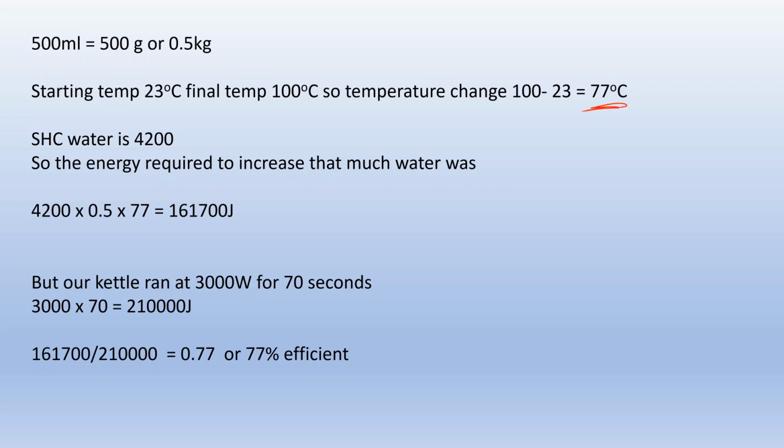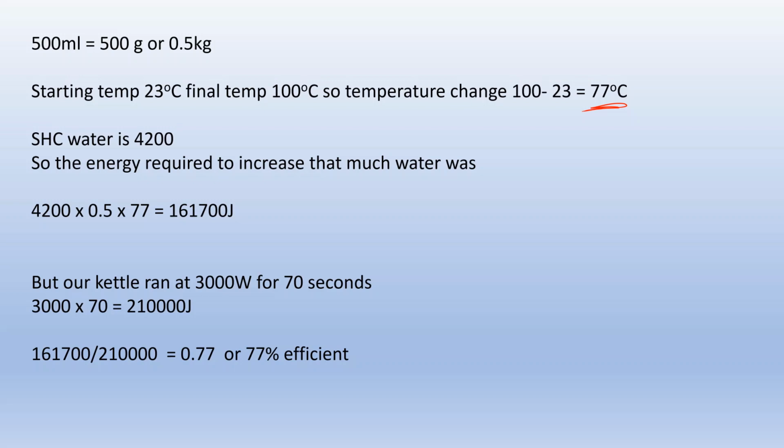Now, in the next unit, I'll be teaching you about specific heat capacity. It lets you work out how much energy is required to increase the temperature of water. So the specific heat capacity of water is 4,200.